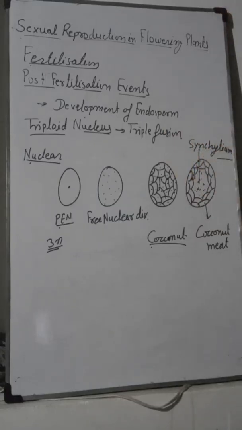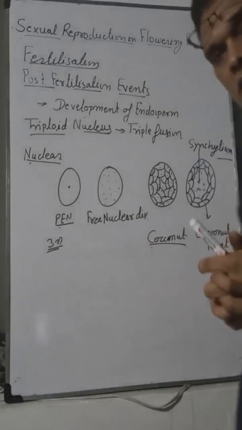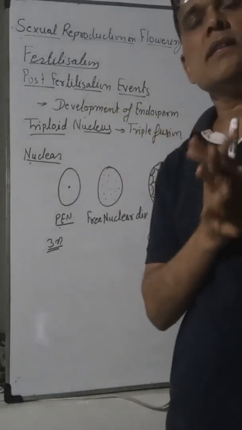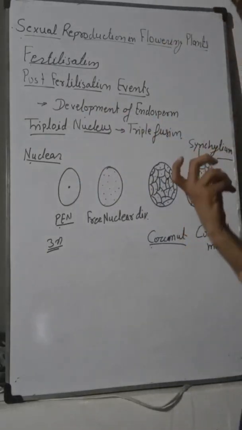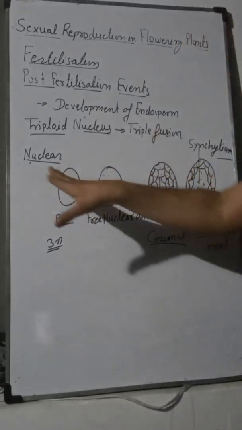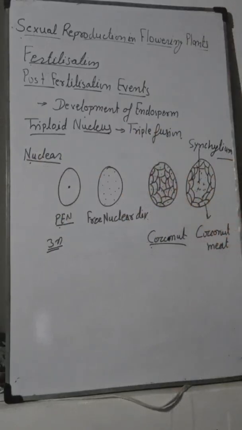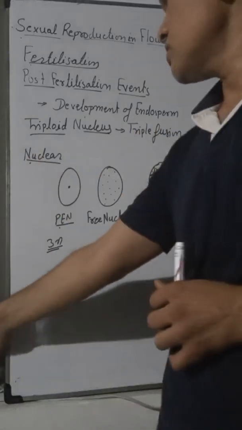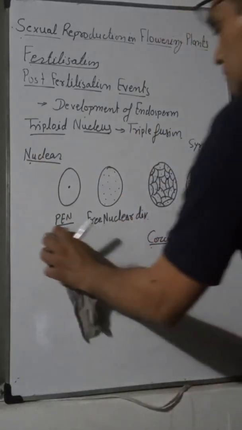Syncytium means both types of endosperm are present in the coconut: the coconut meat, which is cellular endosperm, and at the center the syncytium, which is nuclear endosperm.